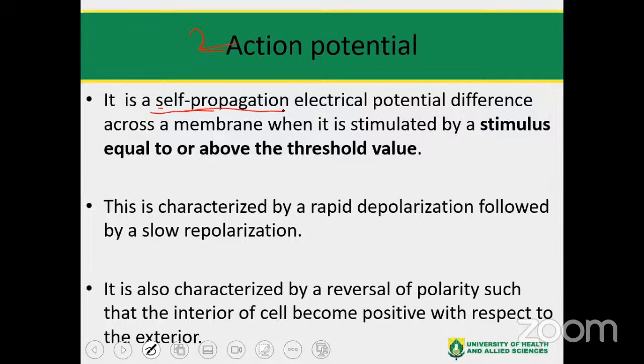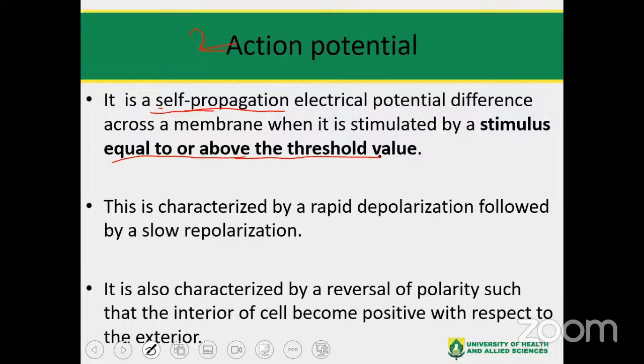Self-propagation: electrical potential difference across the membrane of the neuron when it is stimulated by a stimulus equal to or above threshold value. You see that? The other one was sub-threshold, and therefore it could not progress.